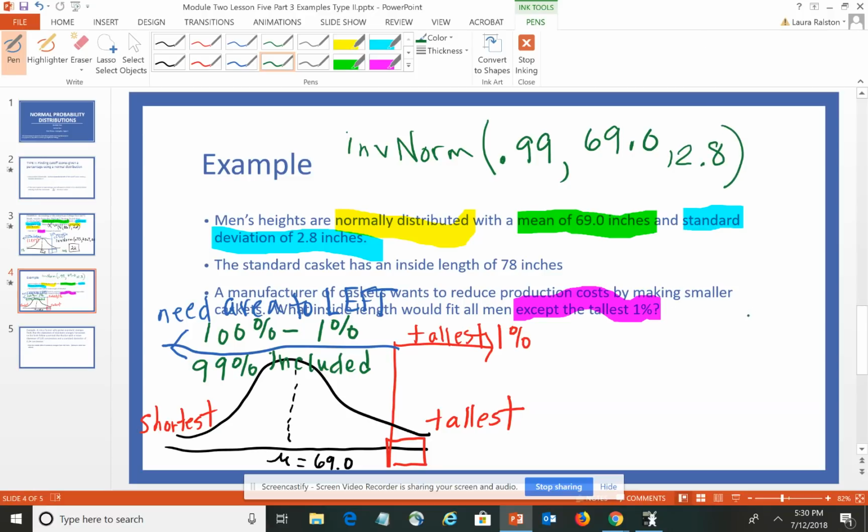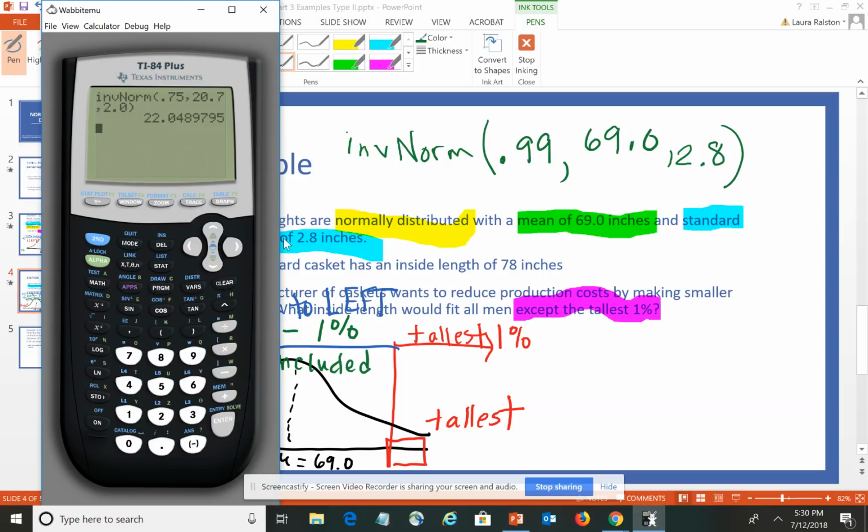So I'm going to pull the calculator up. Let's walk through it. Second, bars. Inverse norm is option 3. Area to the left is the 0.99 or 99%. Mean is 69 inches, and the standard deviation is 2.8 inches.